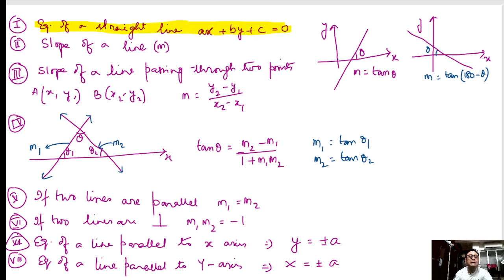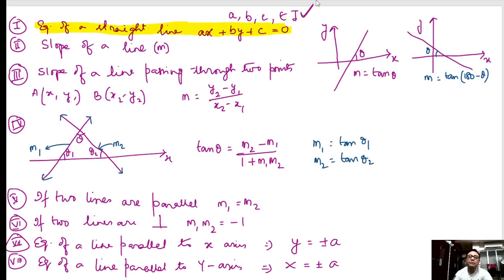A, b and c are any numbers, integers or fractions.